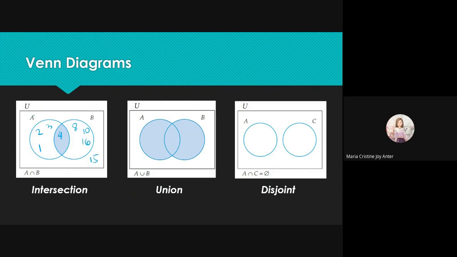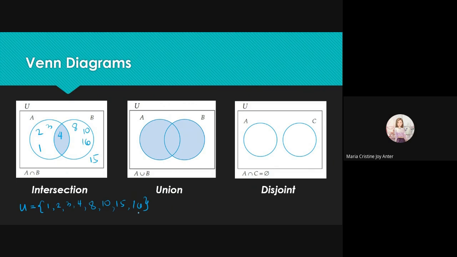If we write the universal set of this one, ilista lang ni mo tanan elements na dinaa sa sulod. The universal set U is equal to 1, 2, 3, 4, 8, 10, 15, and 16.